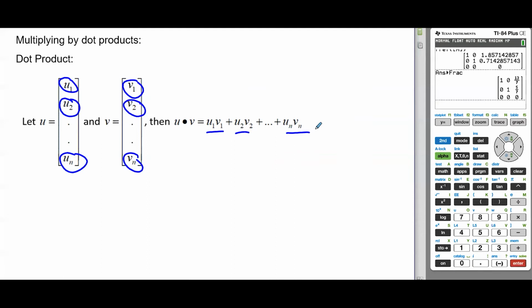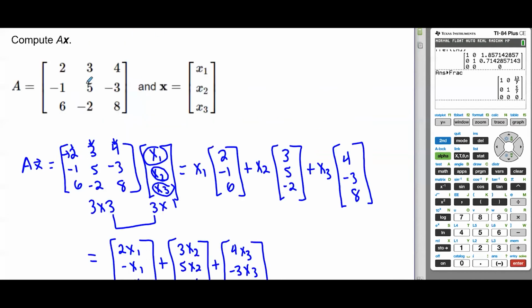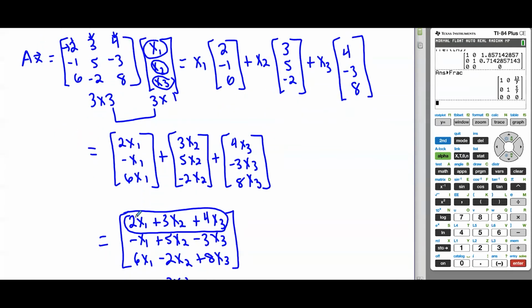Now the dot product takes two vectors and turns that product into a real number. These are not vectors anymore after you take the dot product, but that's a way to get this matrix vector multiplication. You can just take the dot product of this row and this column, and that's your first entry.